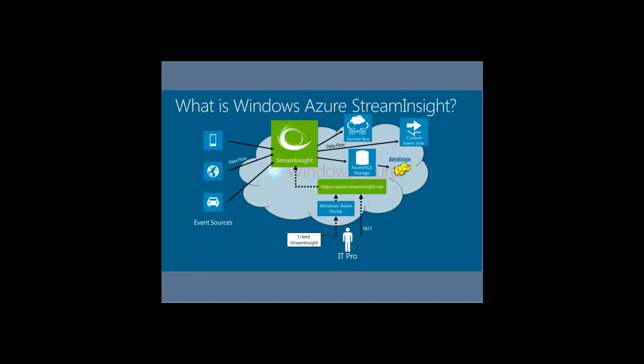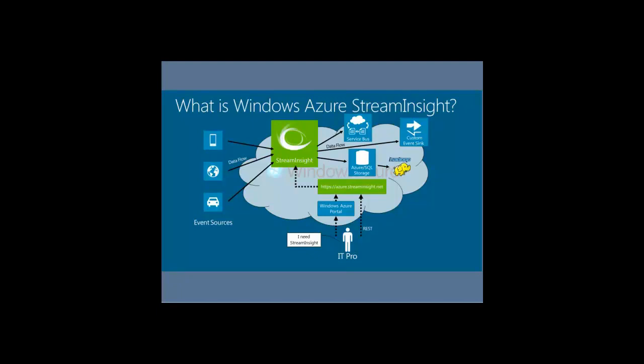The user could also go directly against the APIs, and this is what we are currently offering. Similar to other Azure services, there is always a UI aspect and there is an API aspect. So I can create a hosted service with the Azure portal through the user interface. I can also use the REST APIs for that. So we are following the same principle. We are making the management of StreamInsight in Azure available through the portal as well as through a REST API. And I will demonstrate the REST API in a second.